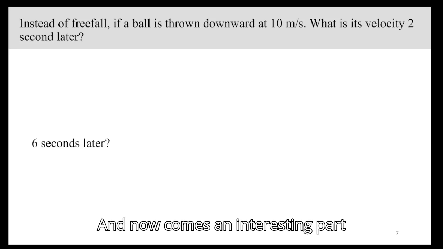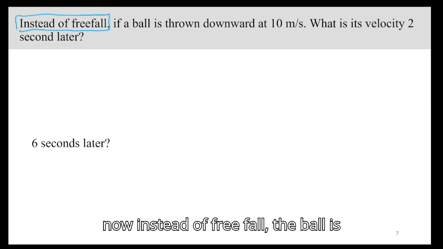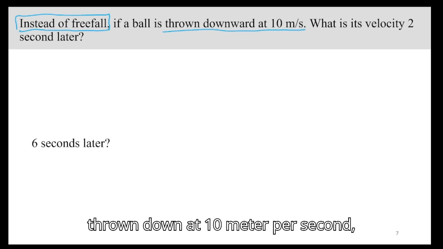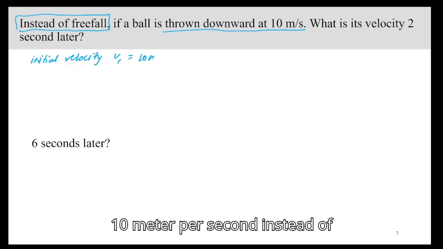And now comes an interesting part where instead of free fall, the ball is thrown down at 10 meter per second, which means the initial velocity is now 10 meter per second instead of 0.